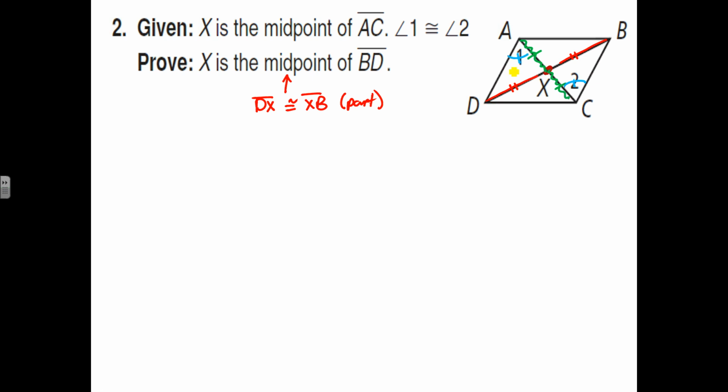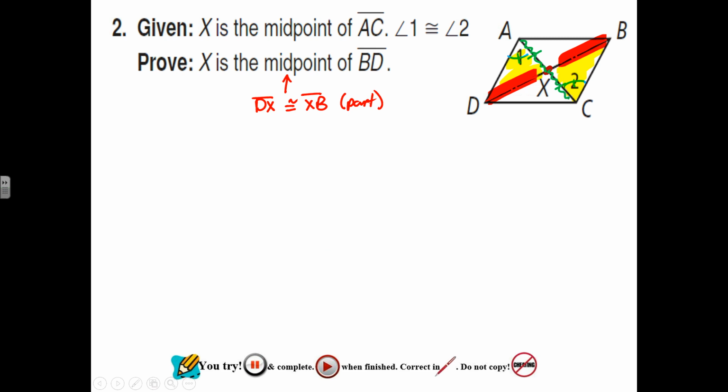So if we can get these triangles congruent, I'm going to highlight them for you. If you can get these 2 triangles congruent, then you can say your parts are congruent. And if those parts are congruent, then you can say it's a midpoint. So your goal is to figure out how to get those yellow triangles congruent and write yourself a proof.